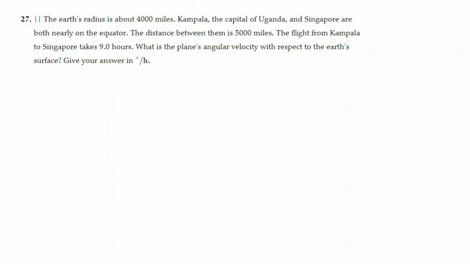All right, so let's take a look at this question. We know that the Earth's radius is 4,000 miles, and the distance between the two locations is 5,000 miles. So first, let's draw a little visualization. Our radius is 4,000 miles. Since we're dealing with angular velocity here, we want to be looking at the circumference, which is the perimeter on the outside.